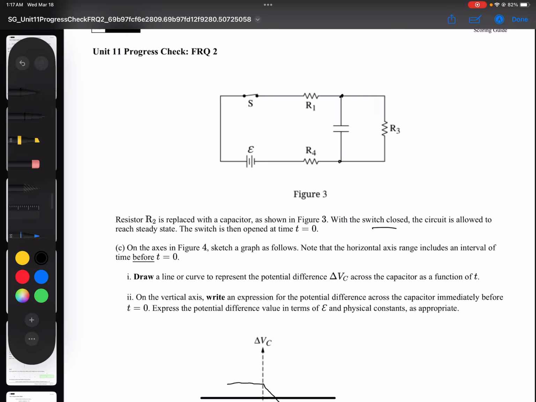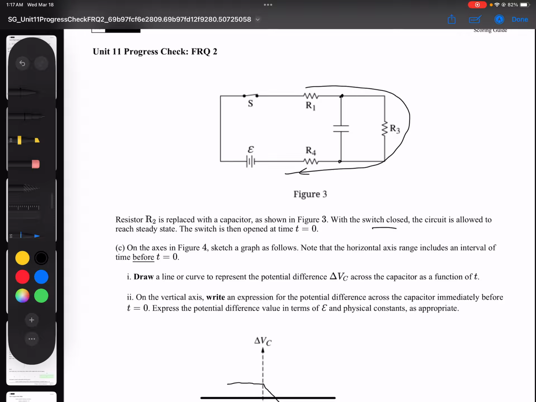So here I have 3 resistors that all have the same value for the resistance. When the capacitor is fully charged, there's not going to be any more current flowing into the capacitor. There's going to be current flowing through resistor R3 and R1 and R4, right? All the current's going to flow through these 3 resistors.